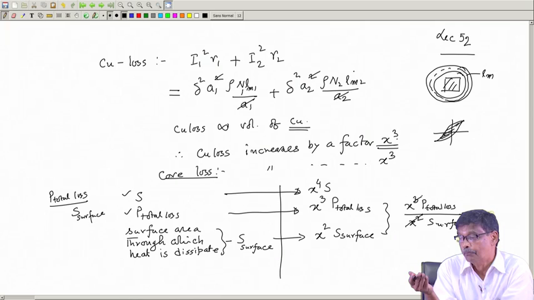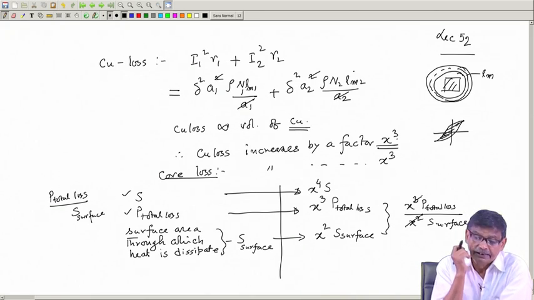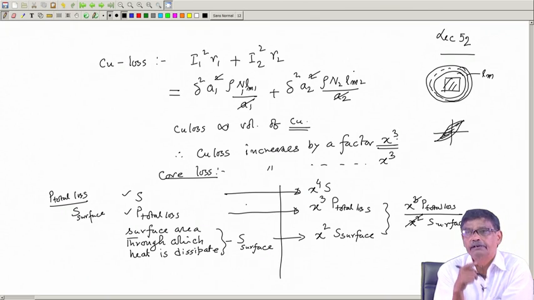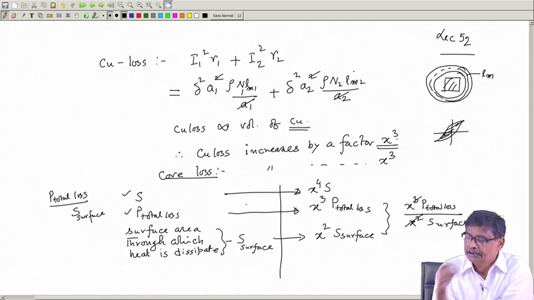You have to dissipate more power loss through a lesser surface. That is what I want to say. If in the original transformer with this specification, temperature rise was within the limit, that is a 70 degree centigrade temperature rise, in this case you will find temperature rise will become more.